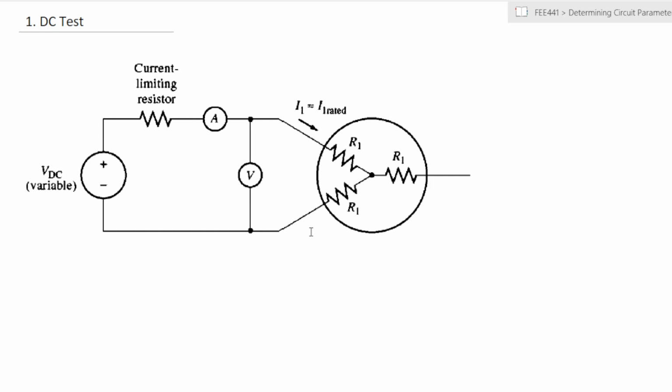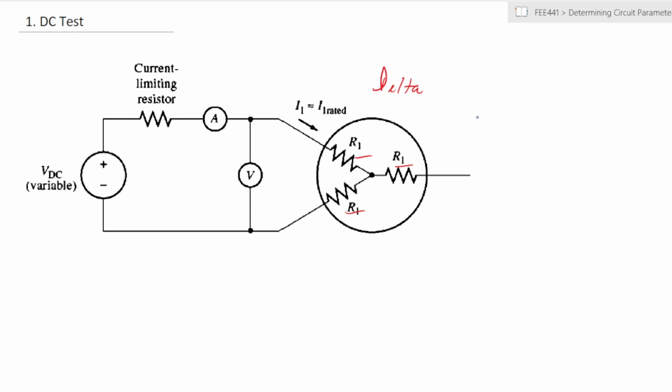And you apply that DC supply to 2 parts of the motor. Now the motor has 3 sets of windings, which are indicated here. In this case, you would put them into a delta configuration. That is, you connect one end of each set of windings together. You short circuit one end of each set of windings together.